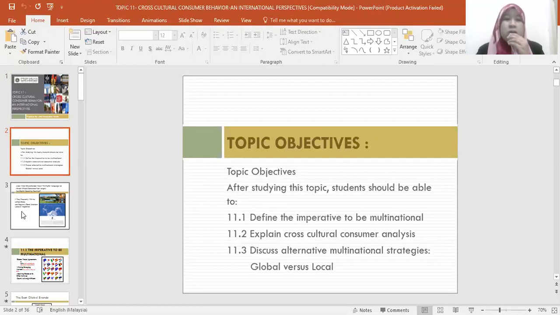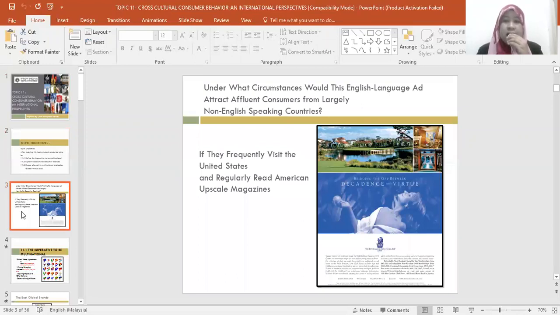local. Alright, as you can see on the next slide, this is about under what circumstances would this English language advertisement affect affluent consumers from largely non-English speaking countries, meaning they do not use English as their lingua franca.